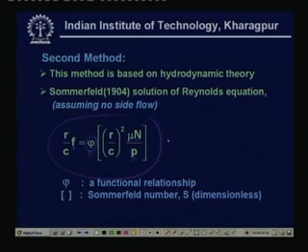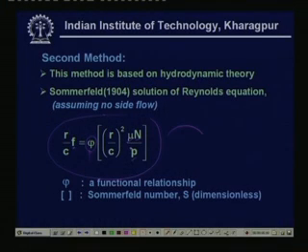That means how much the bearing arc is, that is not taken into account. So, this functional relationship can be obtained assuming different types of bearings, means 360-degree bearing, 60-degree bearing, like full bearing, half bearing, quarter bearing.